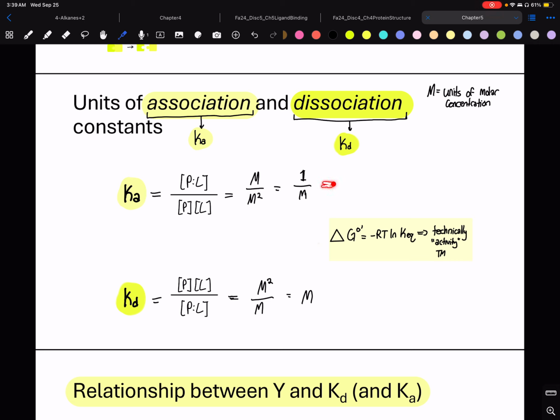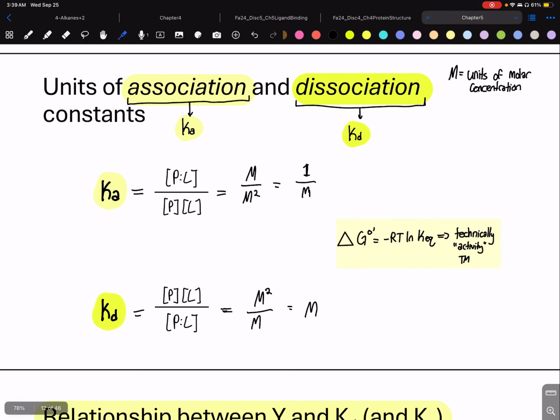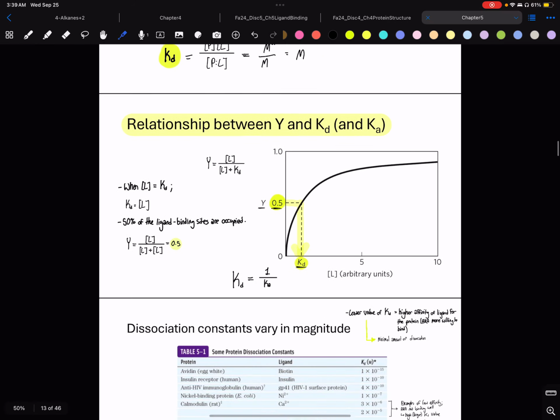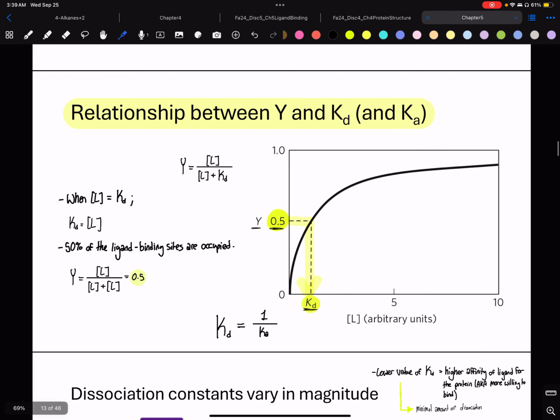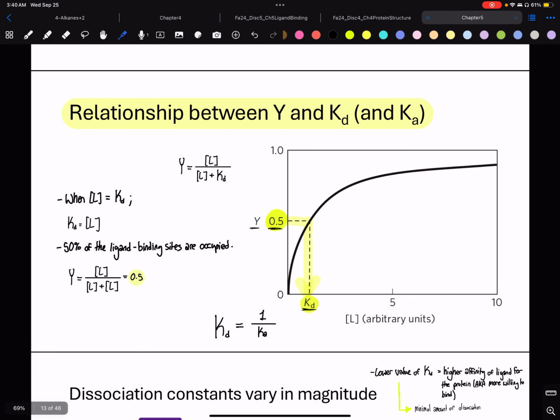That reduces to 1 over M, and then here it's just the inverse, so M squared divided by M just equals M. And then we can have this free Gibbs energy equation that we can use, especially with the Keq. So the relationship between Y, or the fractional saturation, and Kd and also Ka is this.